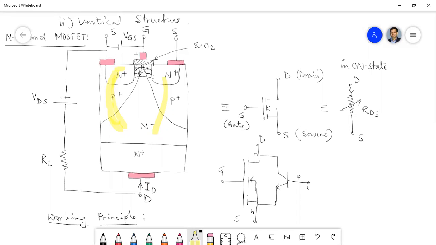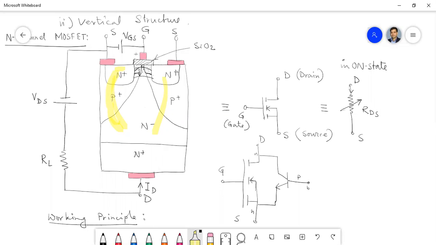Now, when the MOSFET conducts, whether this particular transistor will be on or will behave differently, because it is connected in parallel with the MOSFET. But the base is floating, as you can see from this figure.